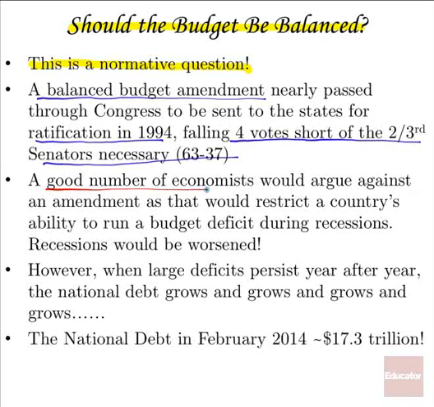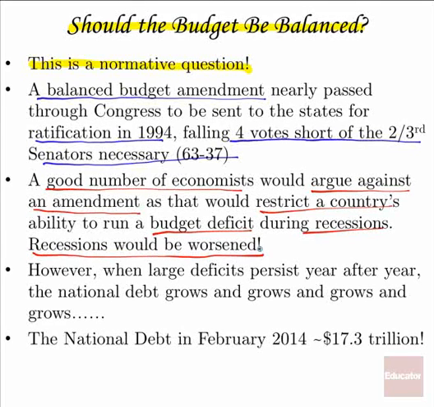A good number of economists would argue against an amendment, as that would restrict a country's ability to run a budget deficit during recessions. So recessions would be worsened. The idea is that if you have a balanced budget amendment, then your hands are tied and you no longer can utilize discretionary fiscal policy, similar to what happened in Europe when the euro basically made the currency the same in Germany, France, Italy.